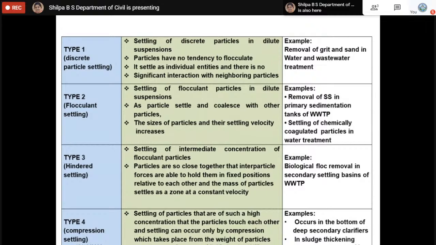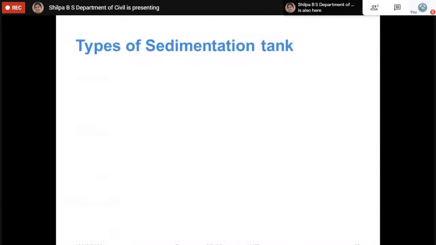And hindered settling is the settling that occurs between the flocculent and the compressed, where we can observe an intermediate concentration of flocculent particles. And in compression settling, particles of high concentration settle due to the compression by the weight of the upper particles. That's why it is referred to as compression settling.